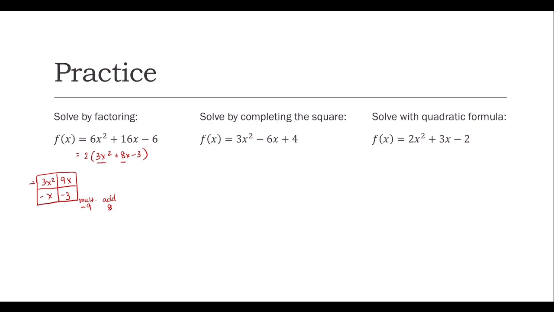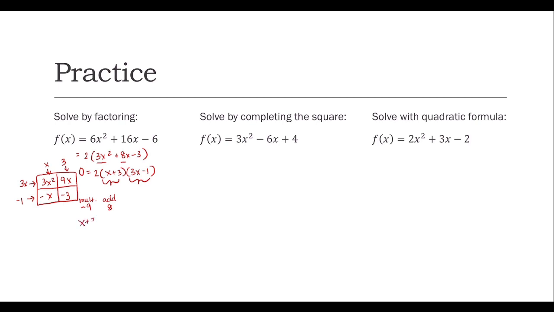So we can pull out our greatest common factors now. So we have 3x, negative 1, x, and 3. So this becomes 2 times x plus 3 times 3x minus 1. And we want to see when that equals 0. So that'll be when this equals 0 or when this equals 0.